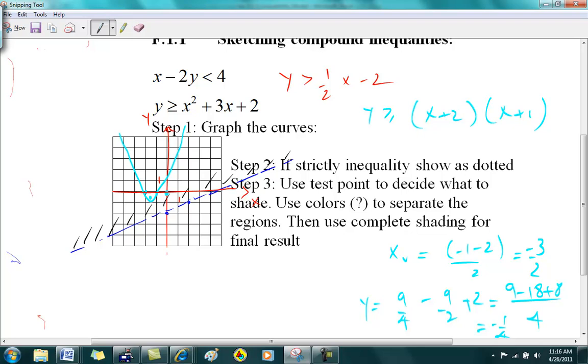If I put 0, 0 here, is 0 greater than 0 plus 0 plus 2? The answer is no. So it's not in the shaded region, so I should be shading this. And remember that to do the compound inequality, it's got to be the overlap.